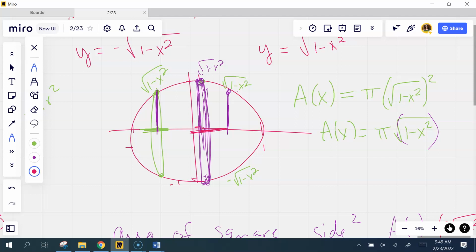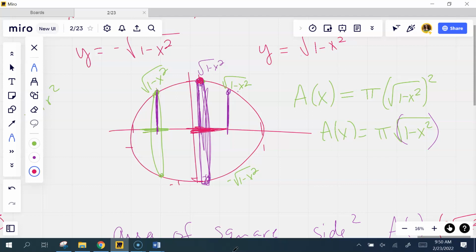So why do we have two things? We did that so that we would know the distance from the x-axis up to here, because we needed that whenever I was doing circular cross sections. I needed the radius.